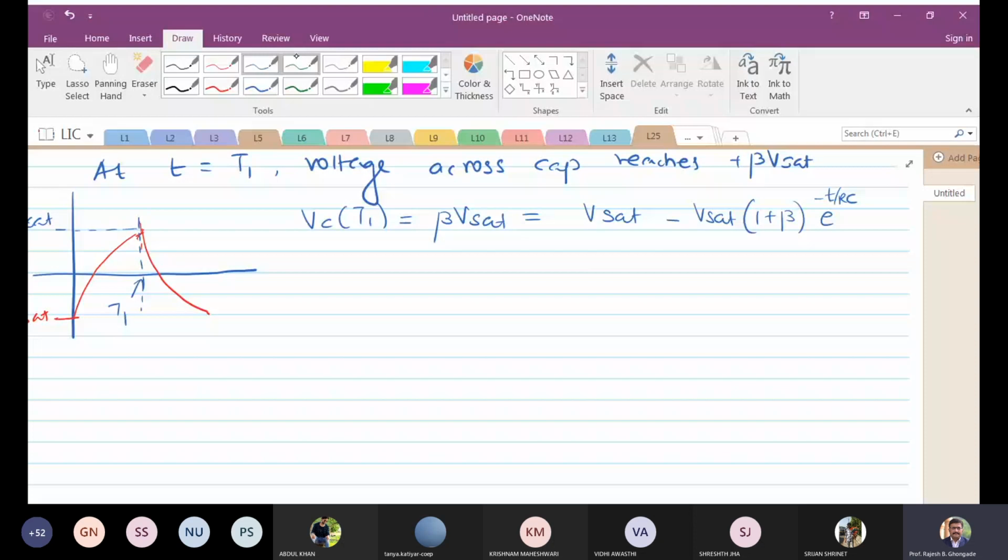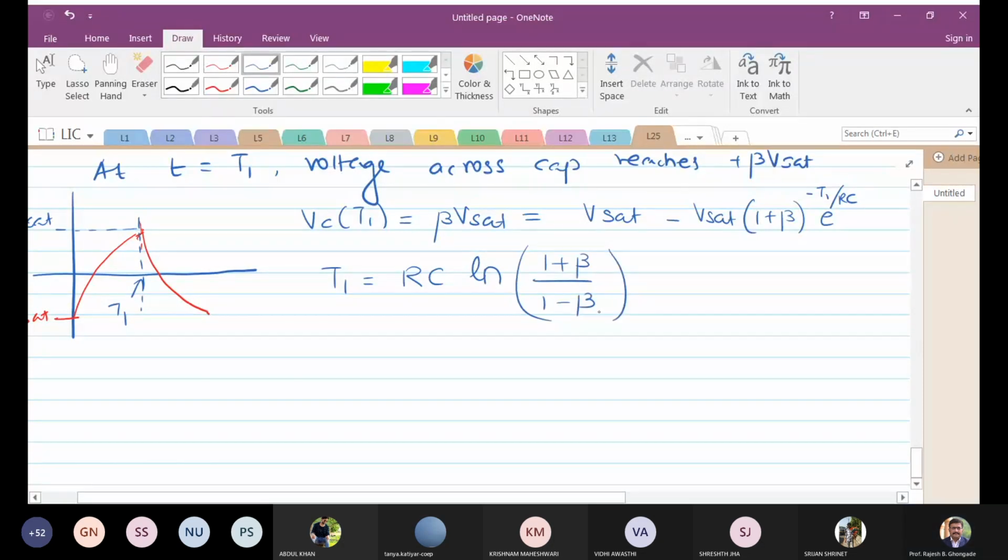Actually, we have to replace this T by T1. That is the difference. So minus T1 by RC. What we get is T1 equal to RC, and if you simplify this, it becomes RC ln (1 plus beta) over (1 minus beta). So this is the half period.